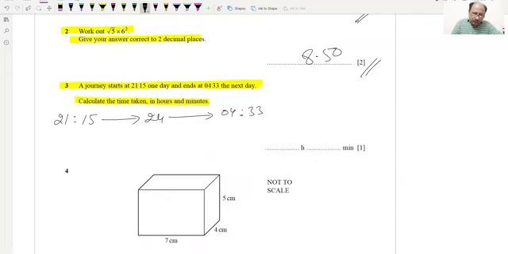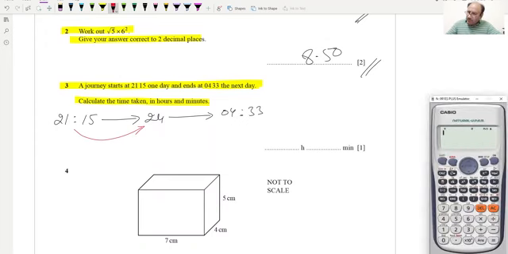This duration we can check with the help of a calculator. So 24 minus 21 hours and 15 minutes will be equal to 2 hours and 45 minutes.